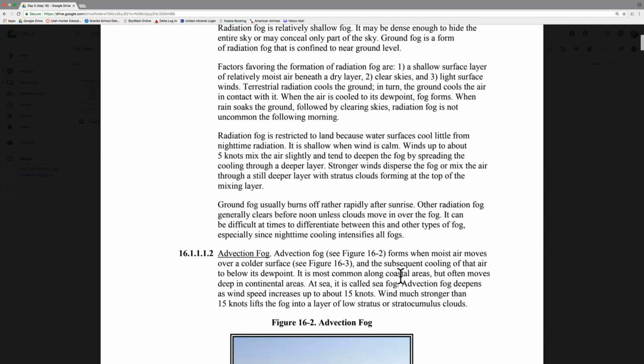What we need to be careful about is the thickness of the fog layer. So as long as we have, and we're going to talk about this more when we talk about the practical dispatch applications, but as long as we have visibility at our ETA when we're planning the flight, and the flight is over an hour long, then that's all we really require.